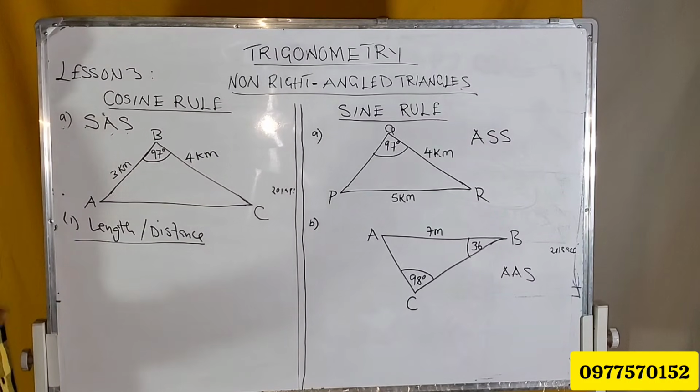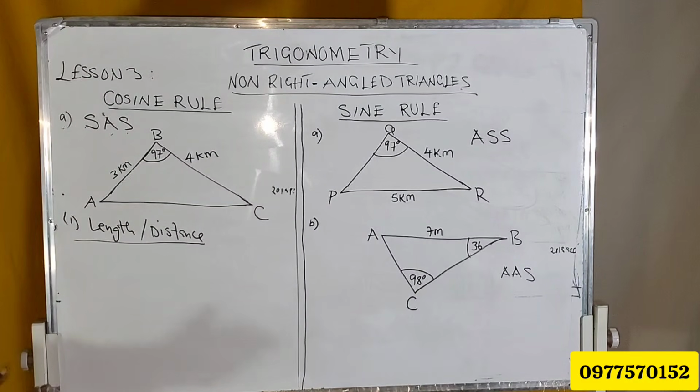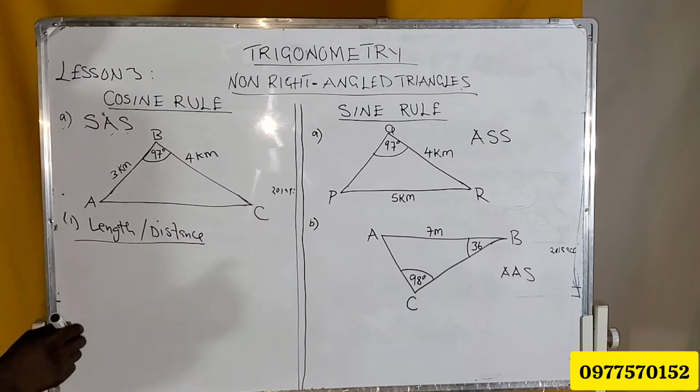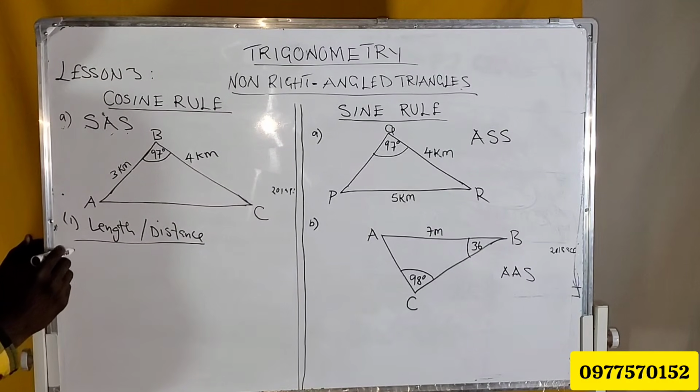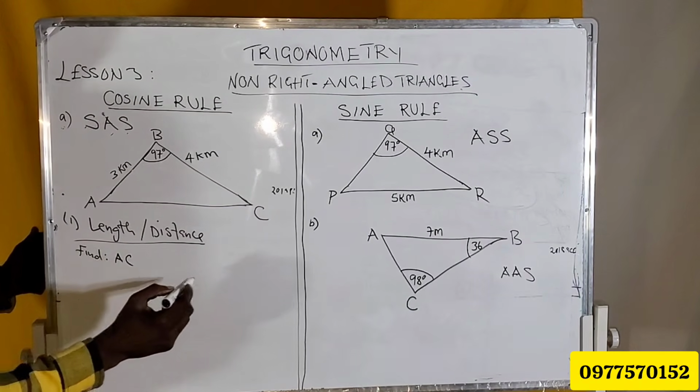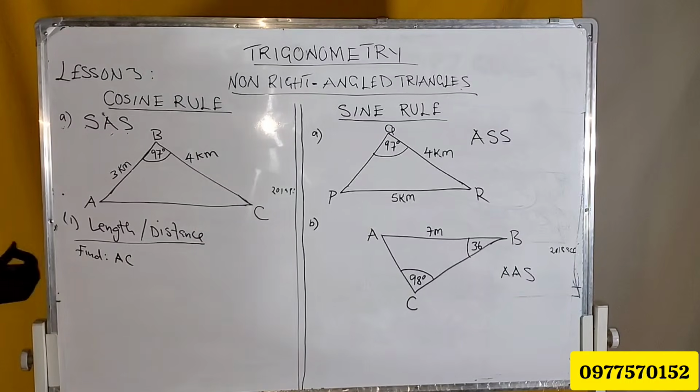AC is missing. Okay. Now, how do you calculate this missing distance, AC? Let's say you're asked to find AC, and most of the time it's 5 marks, 4, okay, but not less than 4.